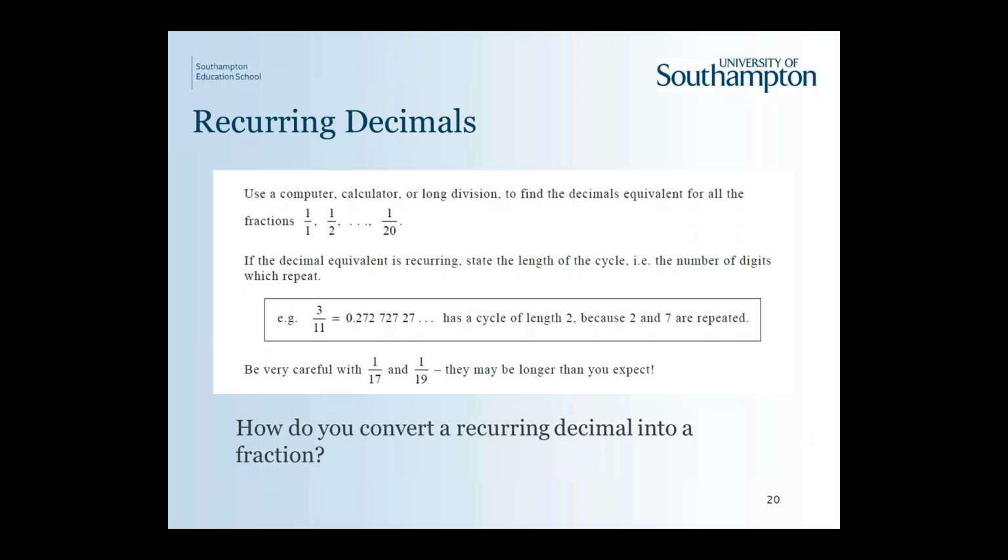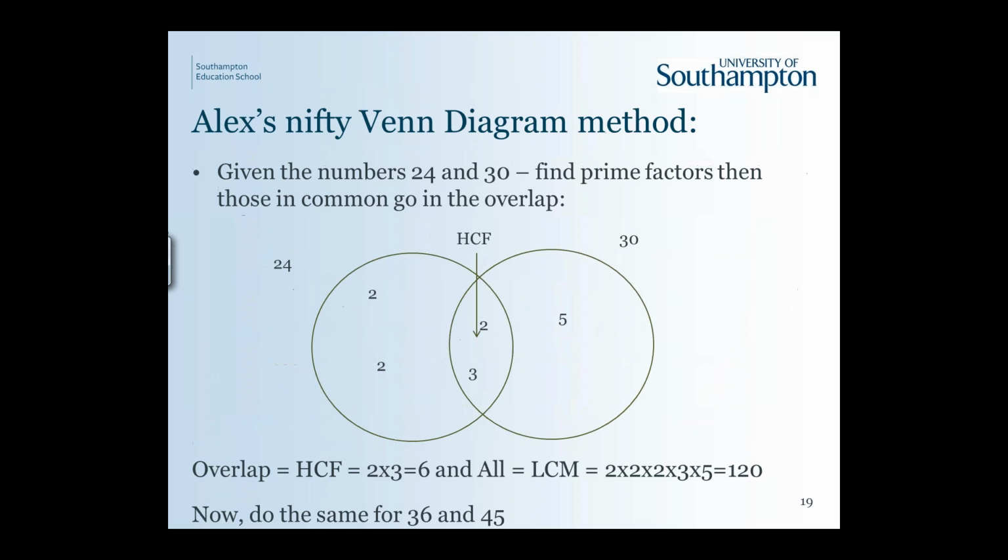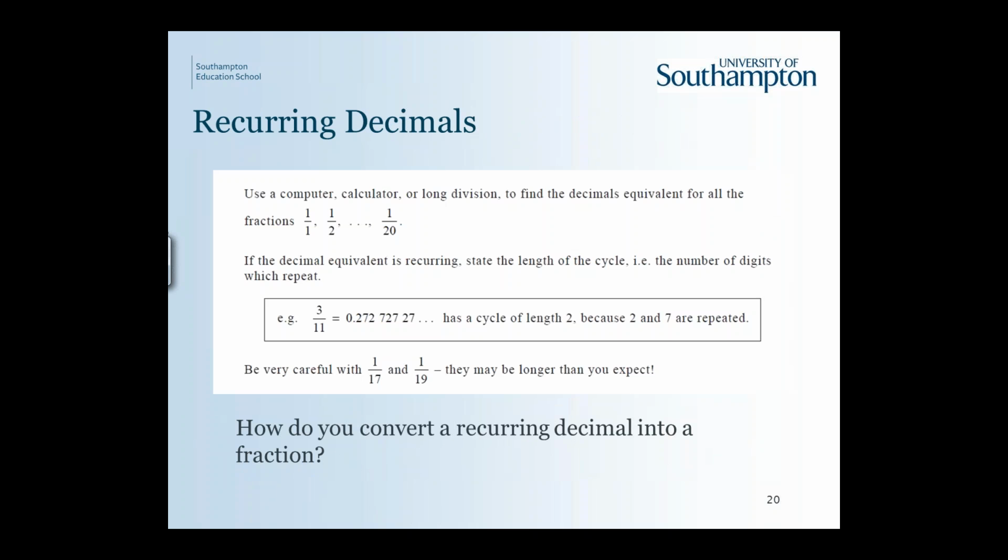So you turn that into x, times both sides by 10, 10x equals 7.7 recurring, minus x from each side, so that would be 9x equals 7, and then divide each side by 9, so you get x equals 7/9.